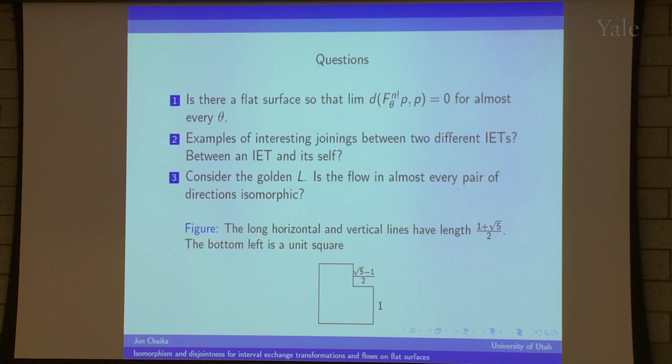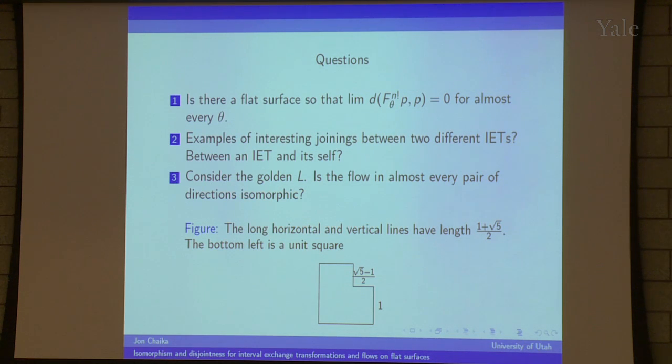So pick some kind of sparse sequence of times. I chose n factorial, just because it's sparse, no other reason, and you can write it easily. Could it be that for almost every point on your flat surface, it converges to itself under the flow in almost every direction? This somehow is unbelievable, but I don't know how to rule this out.